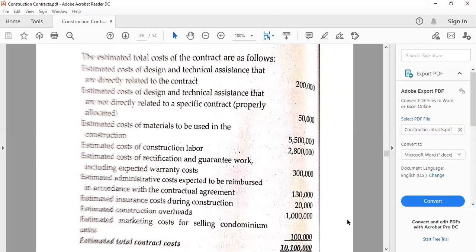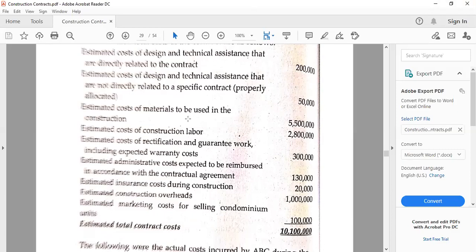This is a check: cost of design, then allocated for the cost of design and technical assistance. That's a check. Cost of materials to be used in construction, yes. Construction labor, rectification and guarantee work, including expected warranty costs, so included. Administrative costs expected to be reimbursed.